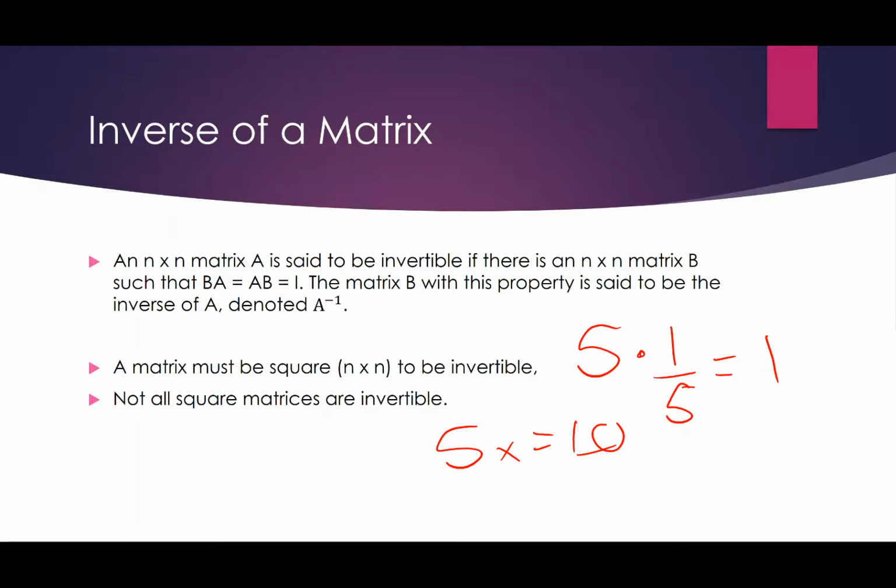So you're dividing by 5, but you're technically multiplying by its inverse, the opposite version of 5.